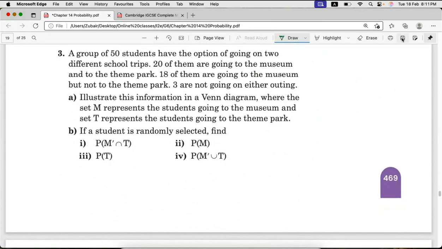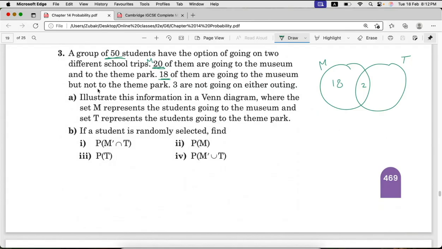Question number 3. A group of 50 students have the option of going on two different school trips. 20 of them are going to the museum and to the theme park. 18 of them are going to museum but not the theme park.